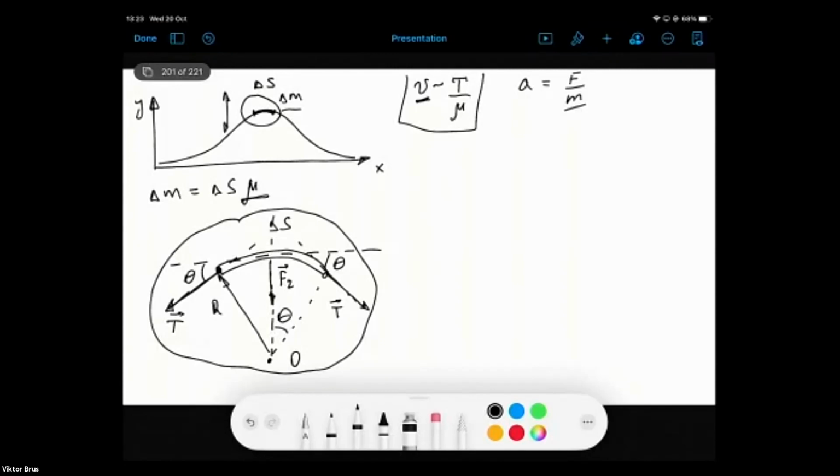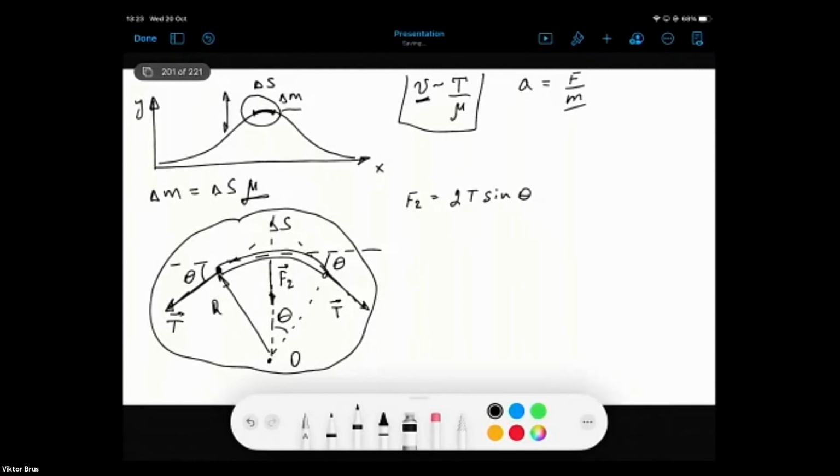So we can write that the magnitude of this radial force will be 2 times T times sine theta.